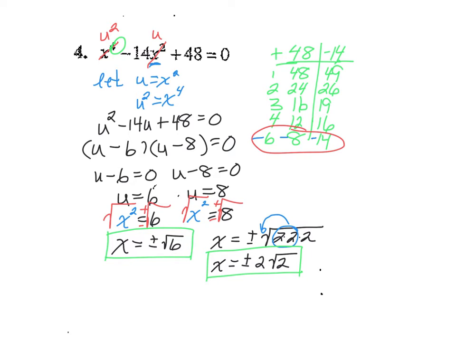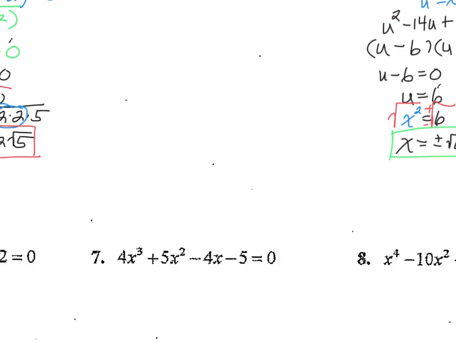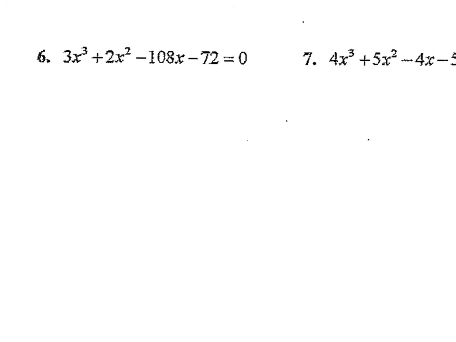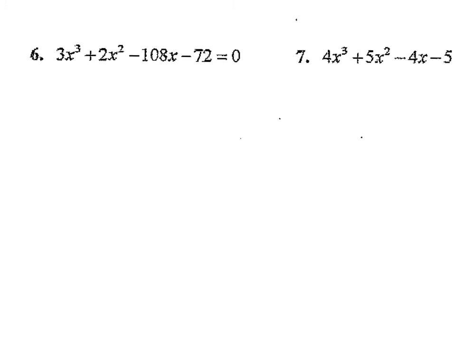All right, so let's look at number 6. So for number 6, because you have 4 terms, it is going to be factored by grouping is what we're going to try first. So I'm going to group the first 2 with the second 2. I'm going to split it right down the middle, and I'm going to look for the greatest common factor.